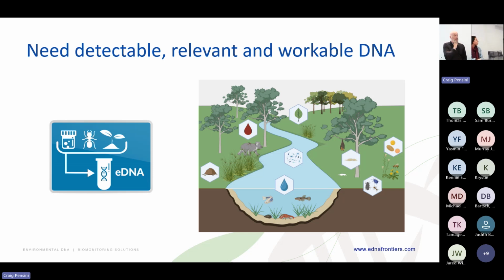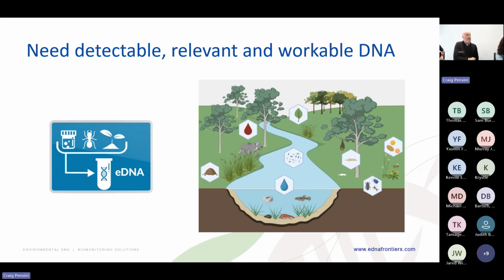Water is a really great place where a lot of things end up. You also get the things that are living there. You've got animals that move through the landscape that get bitten by mosquitoes, and they leave their poops and wees behind, which are actually really good substrates to find out what's there, and to some degree the contents reflect what that predator has been eating as it moves through the environment.